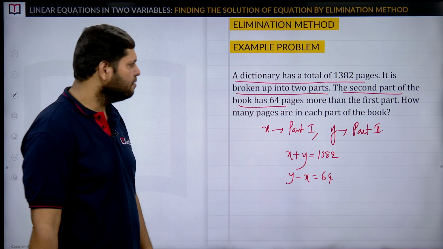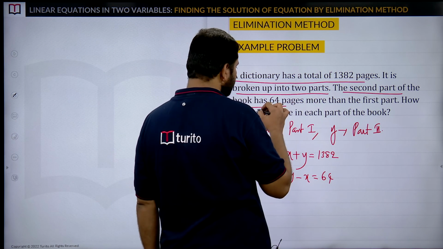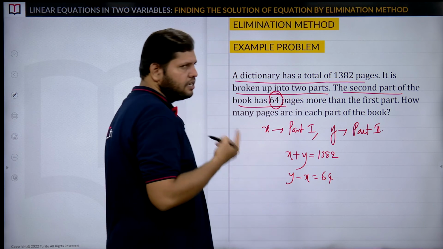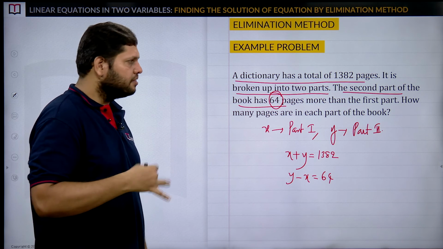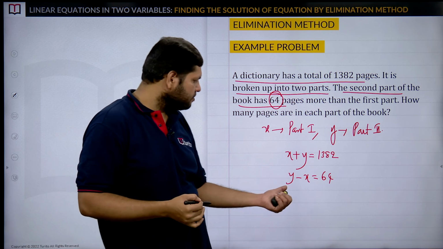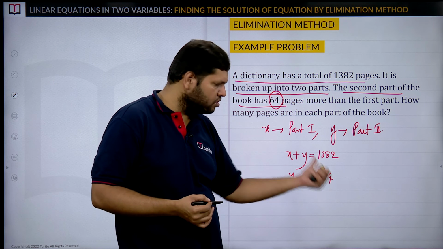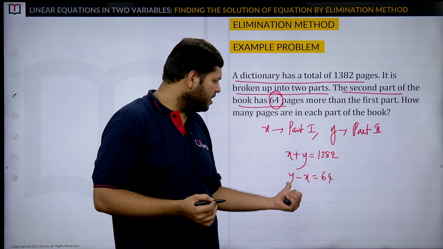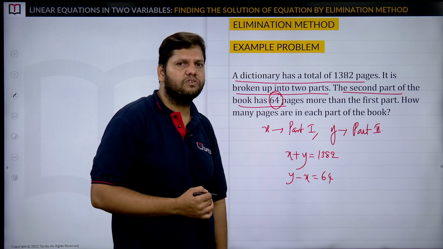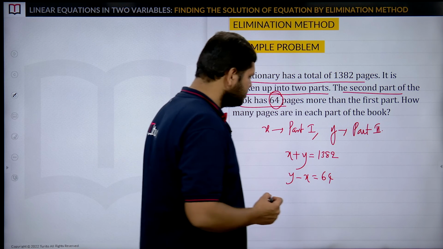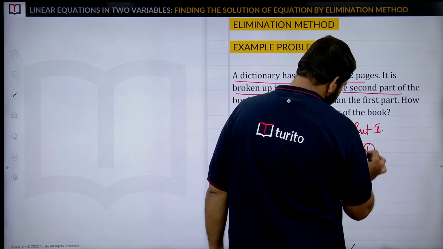Yes or no, children? It already has 64 more pages than the first part. So what we can write? The second part minus first part is equal to 64. So y minus x is equal to how much, children? 64 is the value. So you can take this as the first equation and this as the second equation.